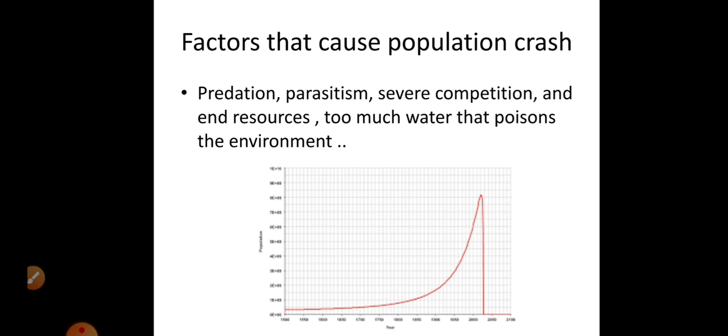There are several factors. We have predation, parasitism, severe competition on food sources or water, and the end of resources like food or water. Too much waste that poisons the environment. So these are the factors that could cause the population to crash.